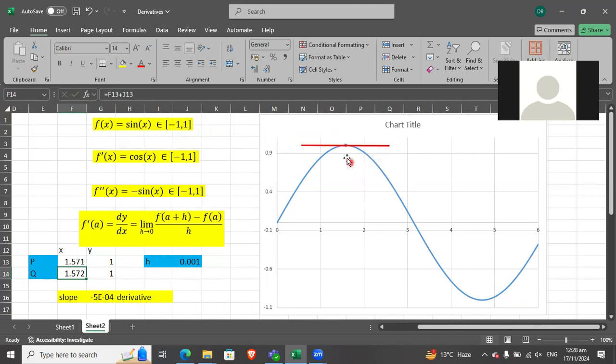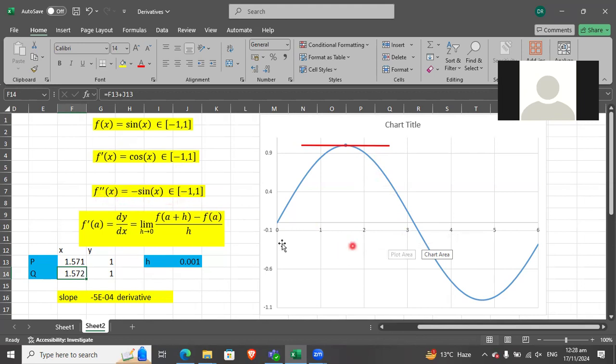So it means in between pi by 2 and 3 pi by 2, there is going to be a point where the tangent lines have changed their position from above the curve to below the curve. This is known as the concavity of the curve, which is apparent from the second derivative.